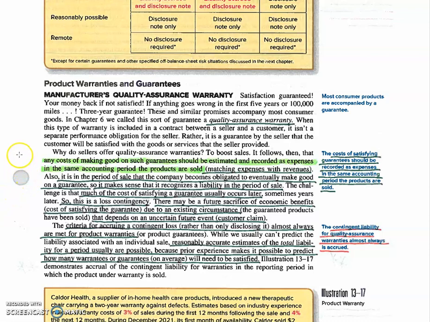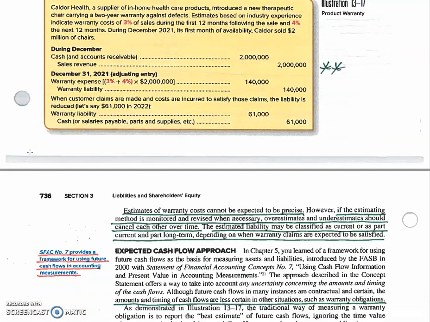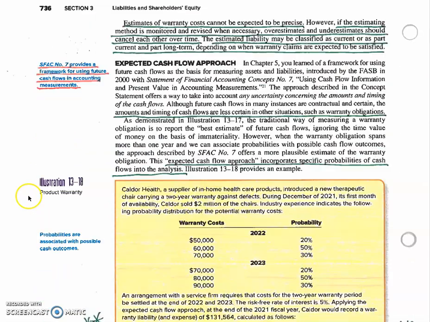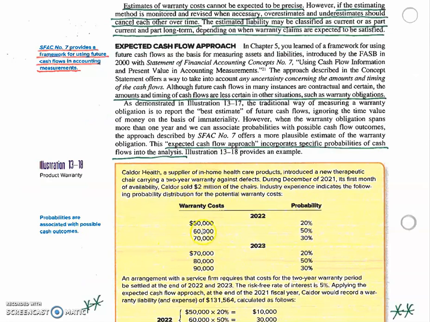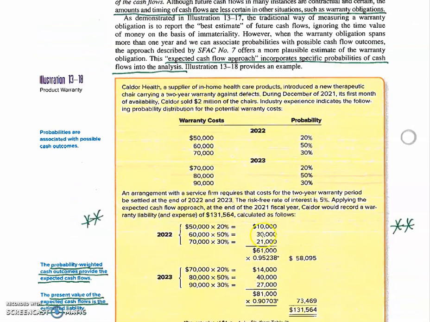The method used for determining product liability estimates is the expected cash flow approach. And we've looked at that before, where we estimate the amounts and the probabilities, multiply, and then add. And that gives us the amount we record.